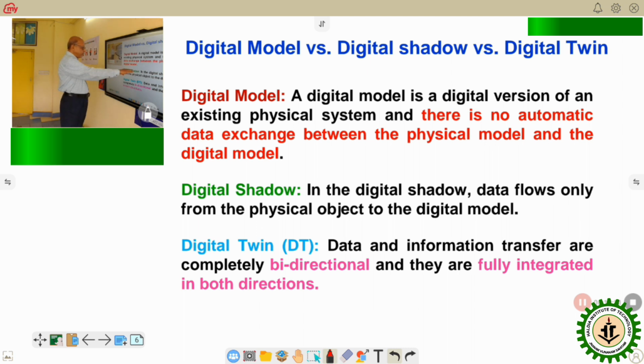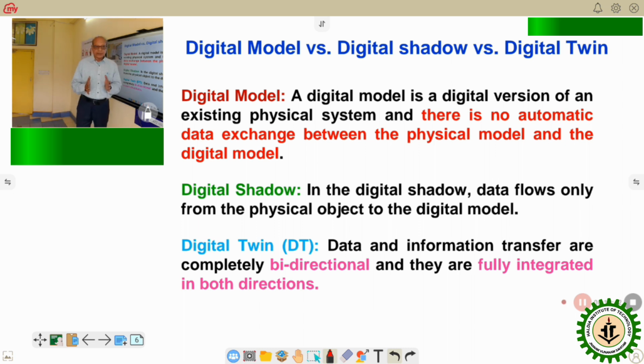So the digital shadow is an improvement over the digital model, and the digital twin allows full integration by establishing two-way communication. Data and information transfer are completely bidirectional and fully integrated in both directions.